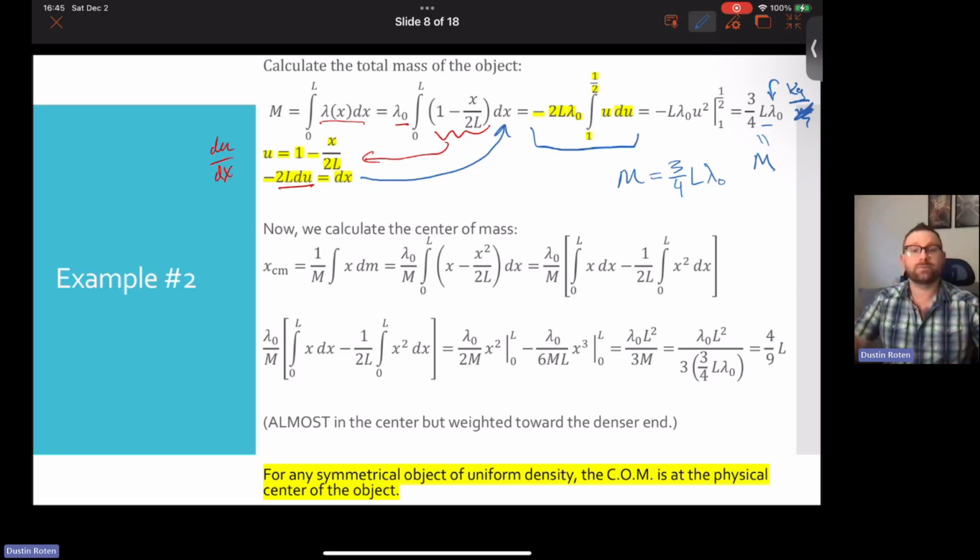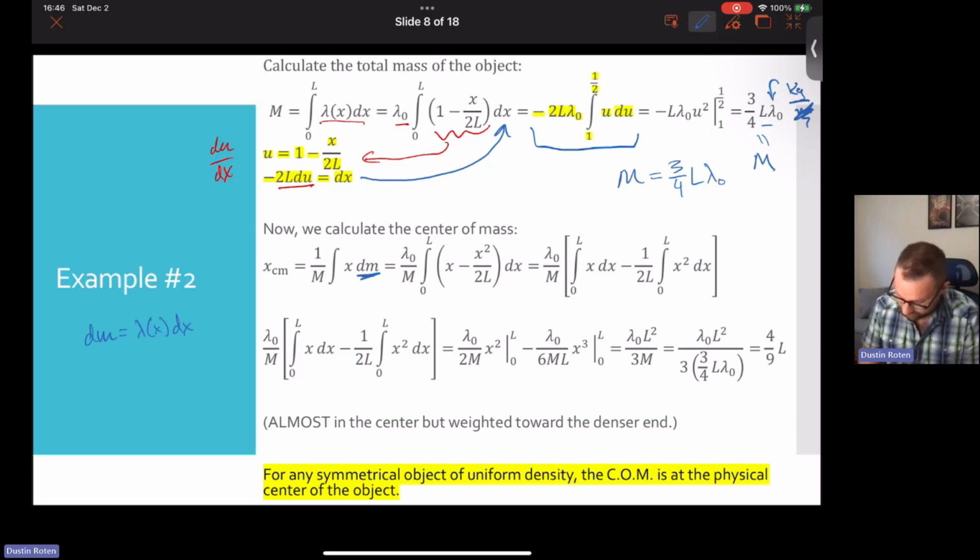Now that I have the total mass, we can turn the crank again and calculate the center of mass. Okay, so I'm going to, once again, change my dm to lambda dx. So my dm is going to become lambda dx. Again, that's just sort of like a u substitution. We're just doing it between mass and position.